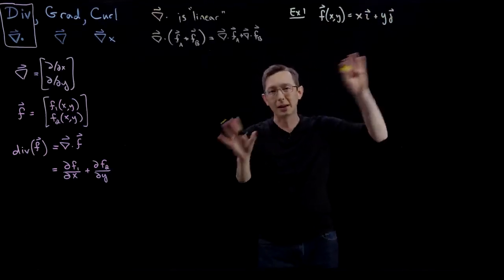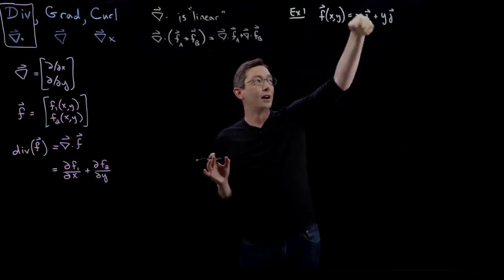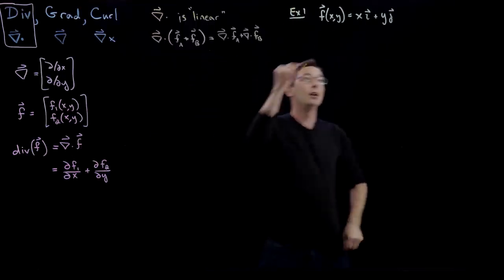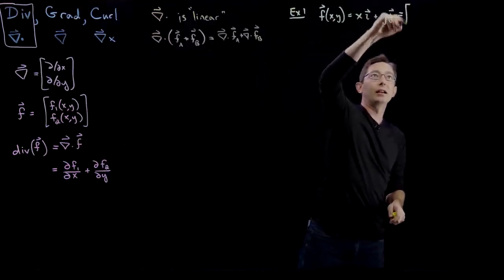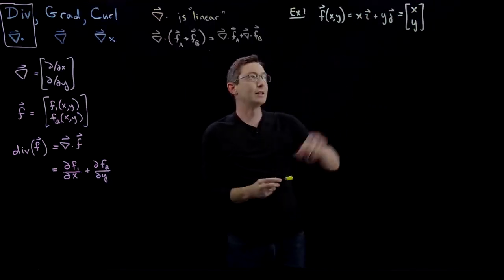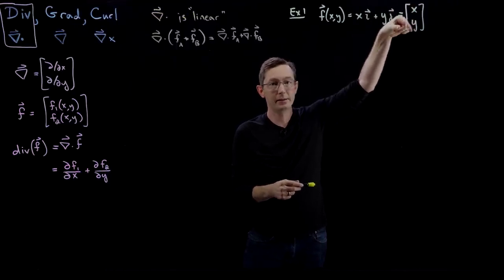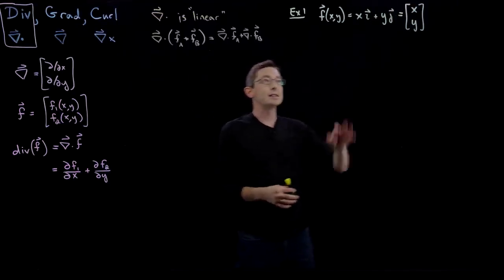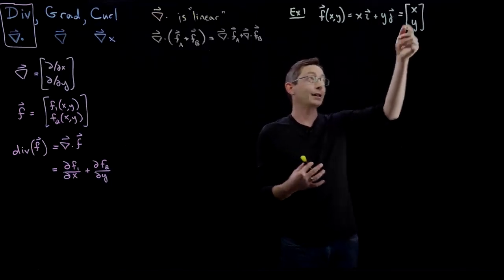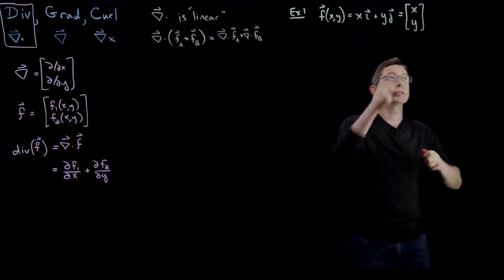I'm going to write these in lots of different ways so you get comfortable going back and forth between unit vector notation and column vector notation. Similarly, this would be written as the column vector x, y. That's what I mean by x in the i direction and y in the j direction. It's a vector like this. And so what that means is that at every point x and y, there is a vector of magnitude and direction given by this vector here. So let's actually draw this out.